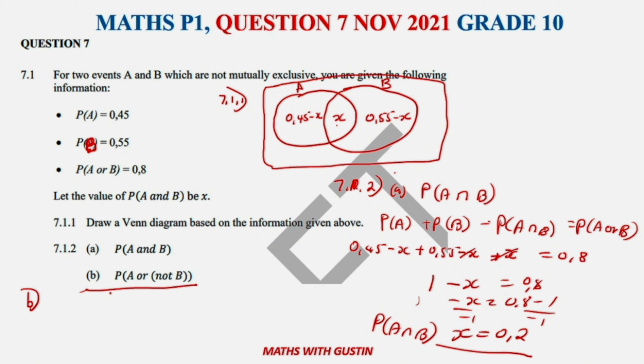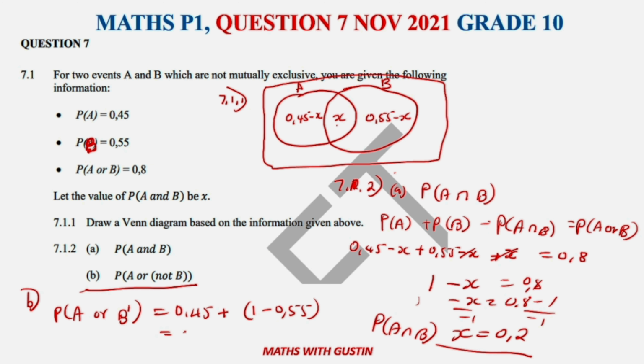B will therefore be the probability of A or not B. Now you know the probability of A is 0.45. Then the probability of not B is going to be given by 1 minus 0.55.